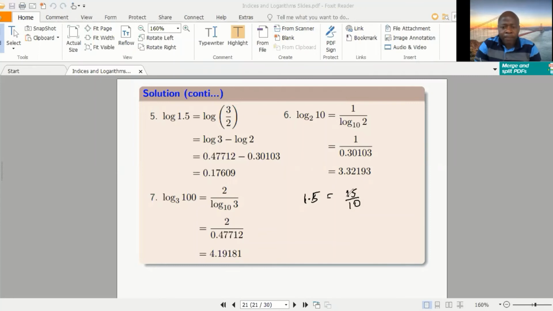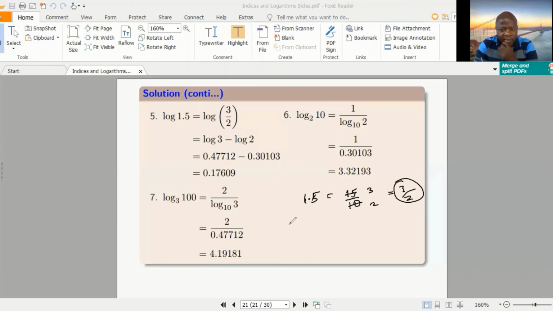And 5 can go here 3 times, and 5 can go here 2 times. So what I have is 3 out of 2. That's good. Look at that. I've just thought of how do I write this in terms of 3 and 2. And in fact, I didn't use a lot of reasoning. I only converted 1.5 to a fraction, and it gave me 3 out of 2.